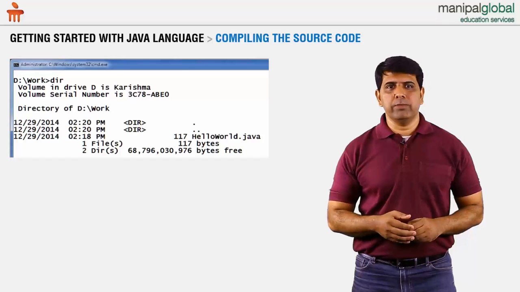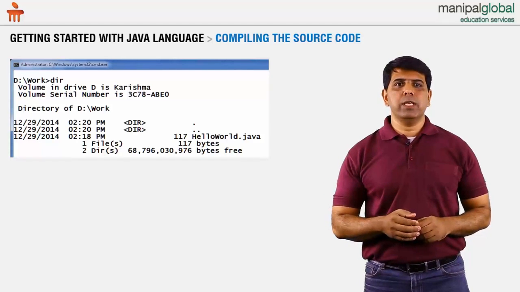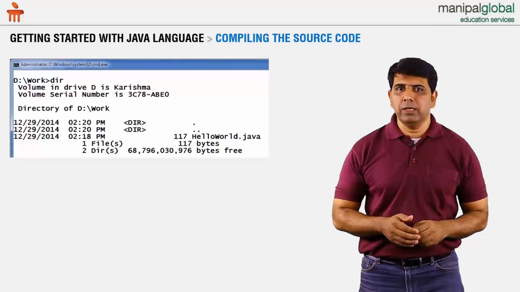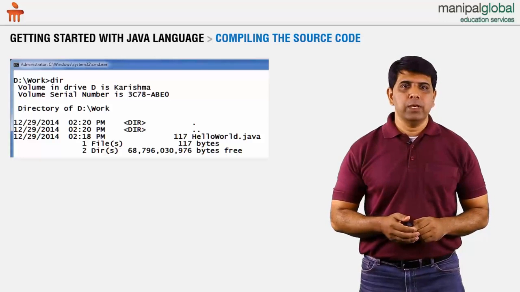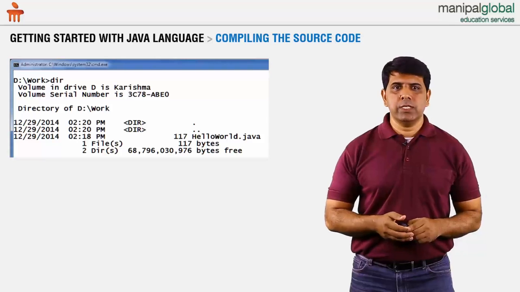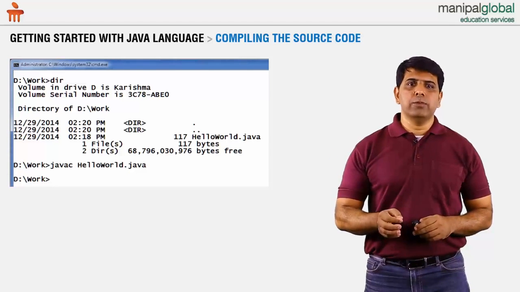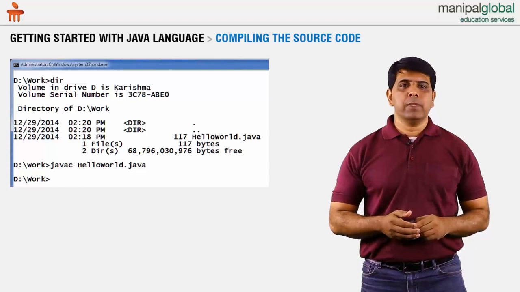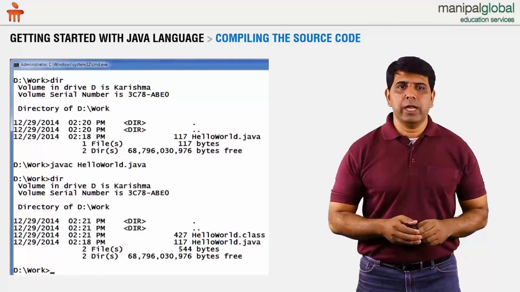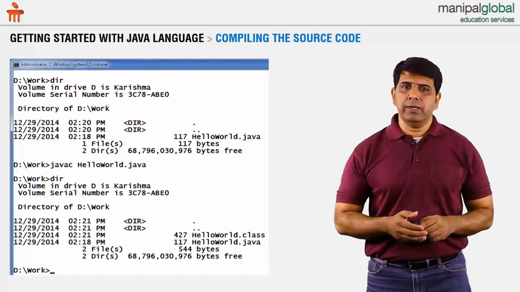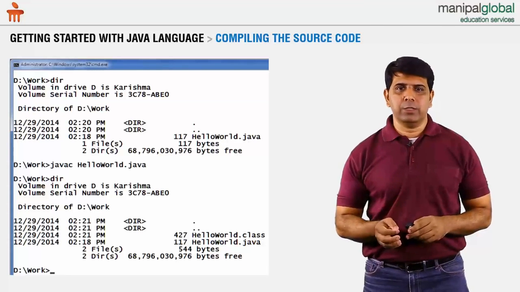Here is an example that we're going to take. I have just listed my folder, which shows only one file called HelloWorld.java. Now let's issue the javac command. You give the javac command followed by the name of the file, and if there are no errors, that means everything went well. After that, if I look at my directory, I have a .class file also.